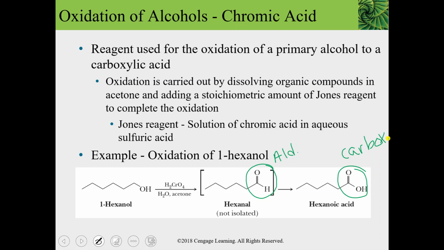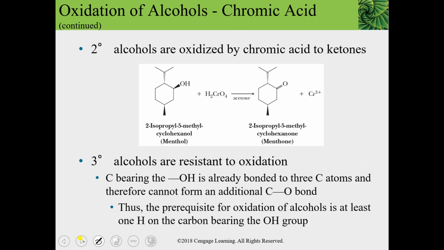All right. Jones reagent, which is just your chromic acid in sulfuric acid, is the most common that we use for this. Secondary alcohols also use the chromic acid most popularly, and that's how we're going to get our ketone.